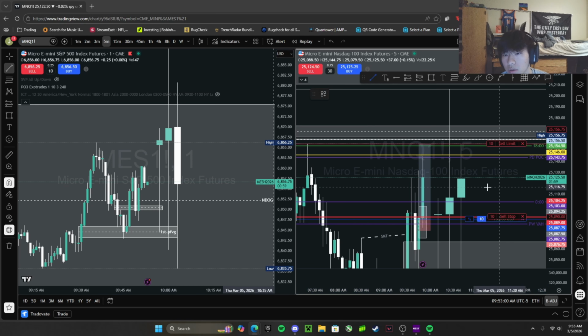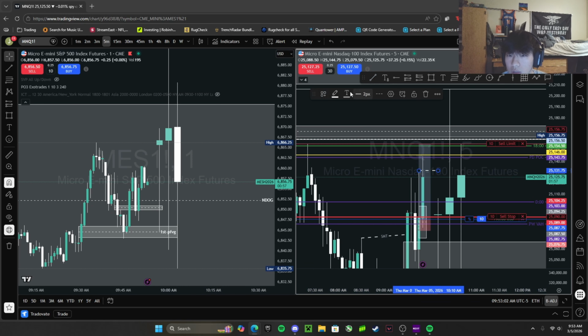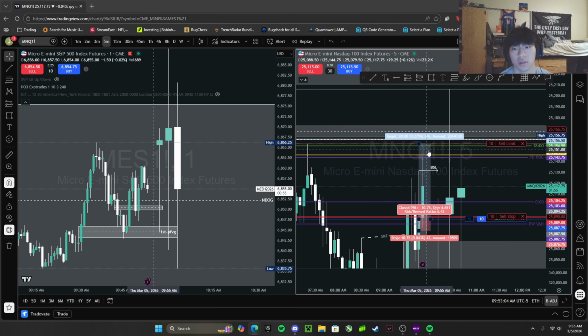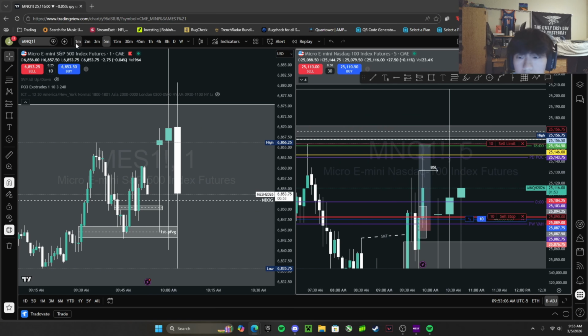It'd be a lot better if this candle would close above this wick here. So I have lots of buyer volume.